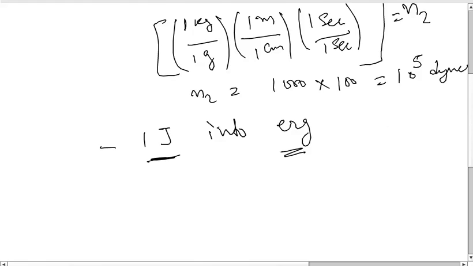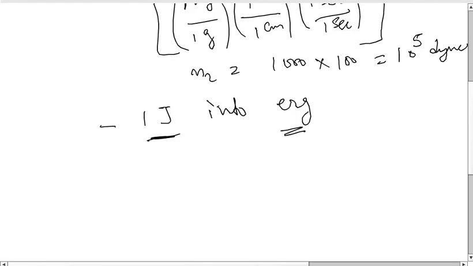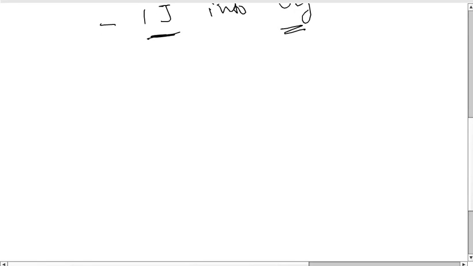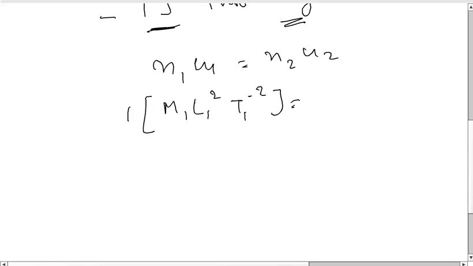Let me just show you in case so that you can match. We will write N1 U1 is equal to N2 U2. N1 is given 1, which is 1 joule. That is M1 L1 square T1 to the power minus 2 is equal to N2, that we need to find out.